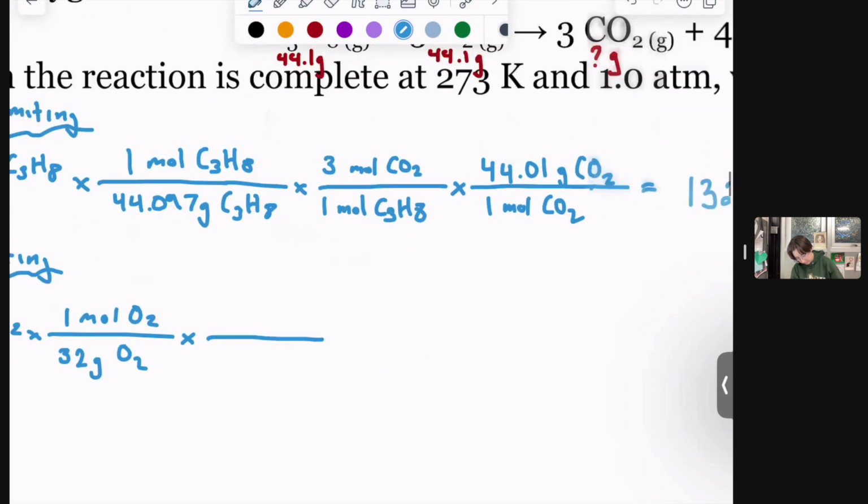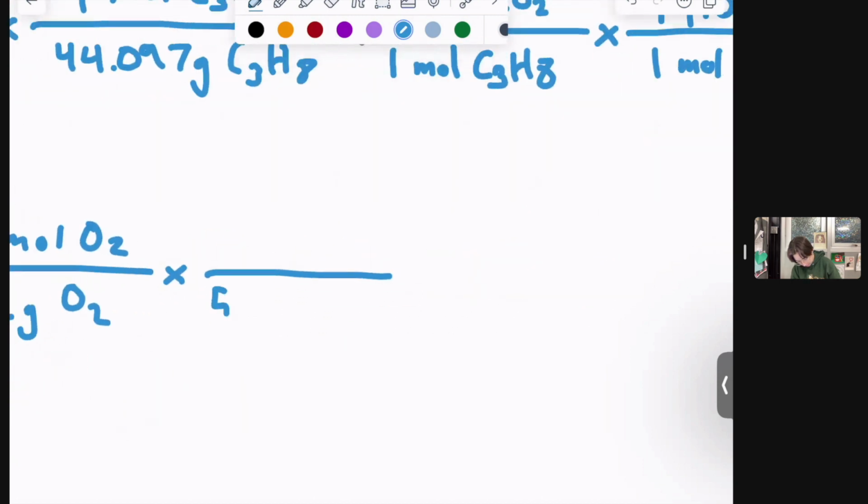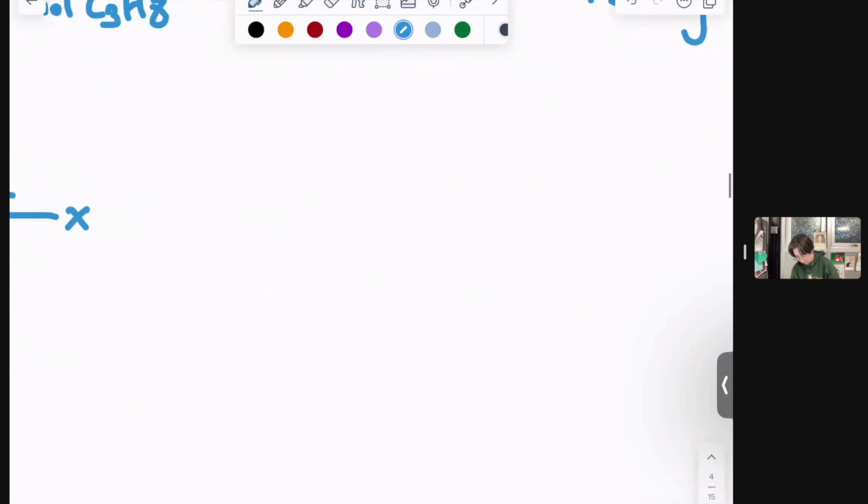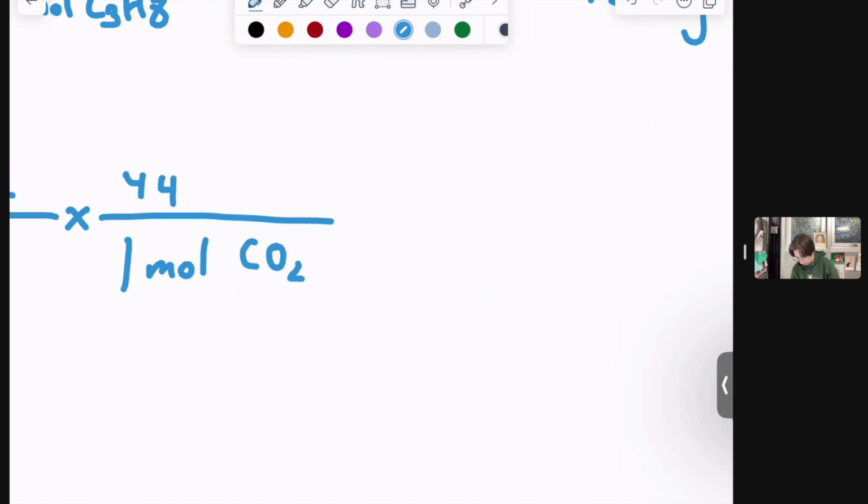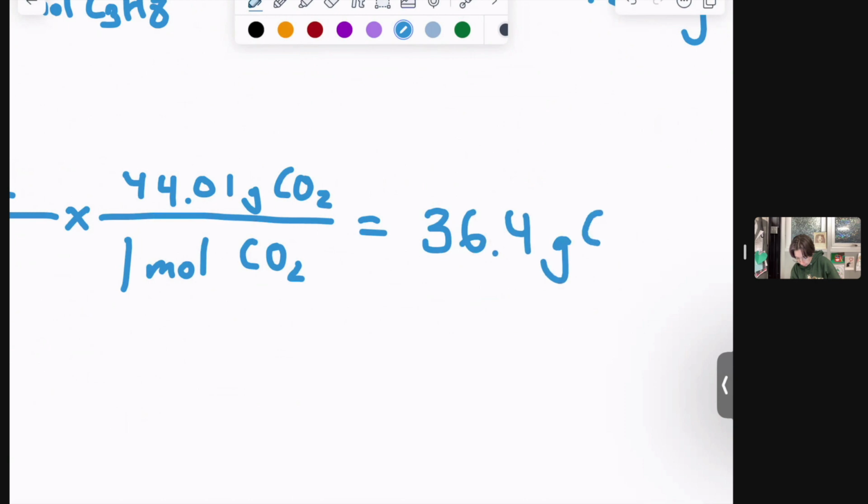And using my balanced reaction, there are 5 moles of oxygen for every 3 moles of CO2. There's 1 mole of CO2. I can use its molar mass to solve for its grams. And if I solve this one, I can make this much CO2.